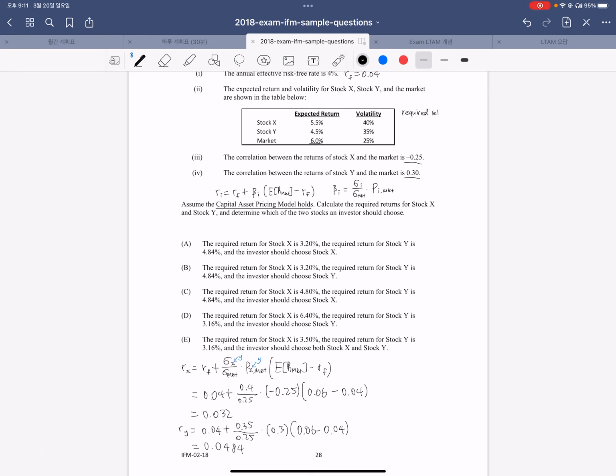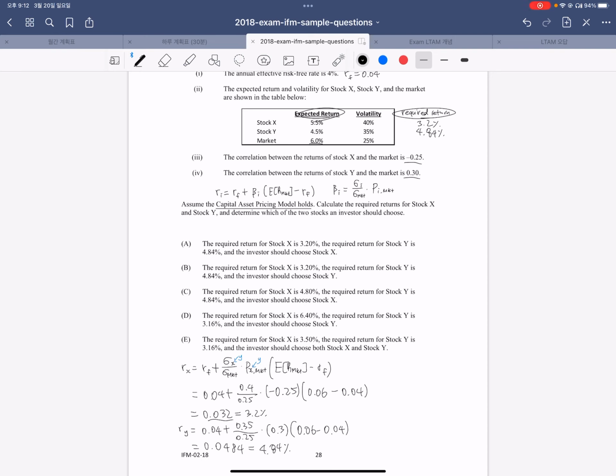Okay, so let's write required return right next to here. So required return for X is 3.2%, because looking at this value, this would be 3.2%, and this would be 4.84% for Y. Okay, let's compare expected return and the required return.